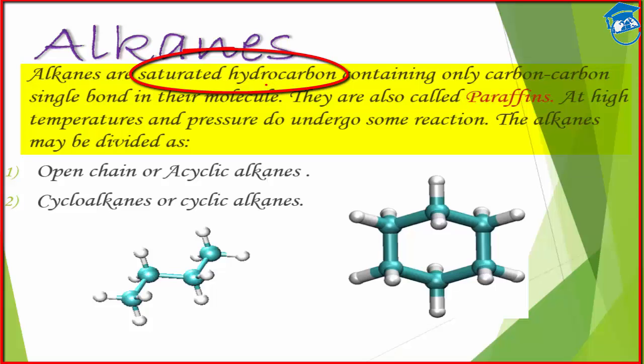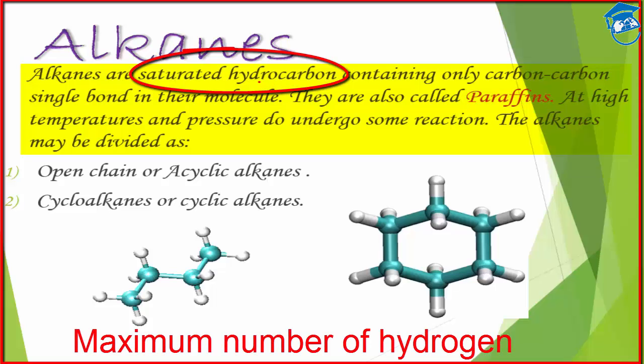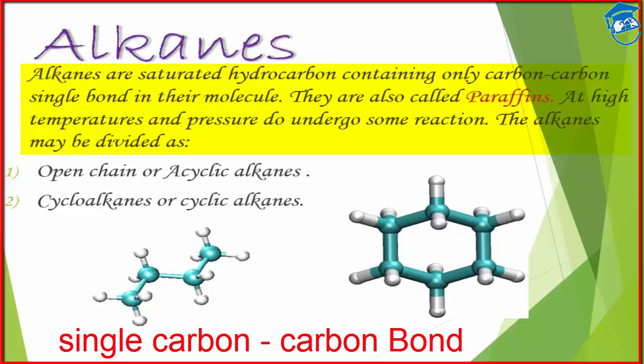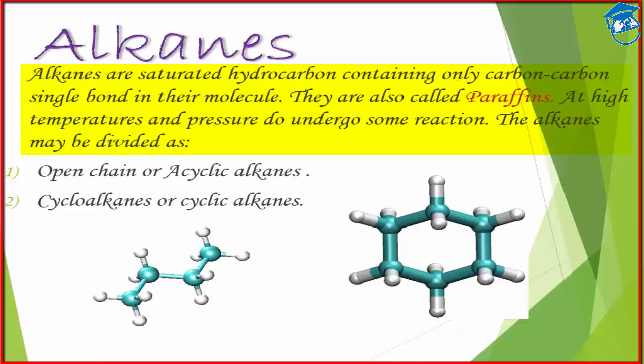Because they have the maximum number of hydrogens that can be attached to any carbon atom. And why are they called alkanes? Because they have only single carbon-carbon bonds. They are also known as paraffins, and they undergo reactions only at very high temperature and pressure.